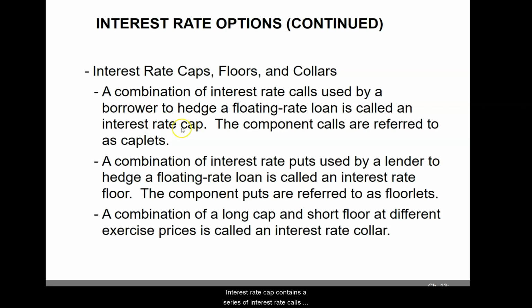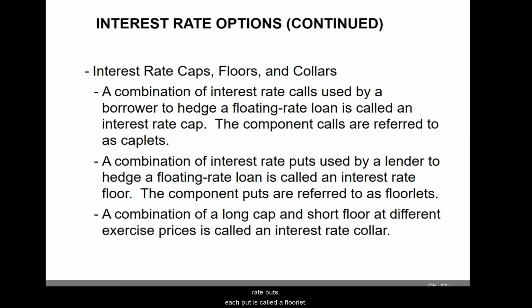Interest rate cap contains a series of interest rate calls, and each call is called a caplet. Similarly, the combination of interest rate puts used to protect a lender from the risk of falling interest rates on a multi-period floating rate loan is called interest rate floor. Each interest rate floor contains a series of interest rate puts.